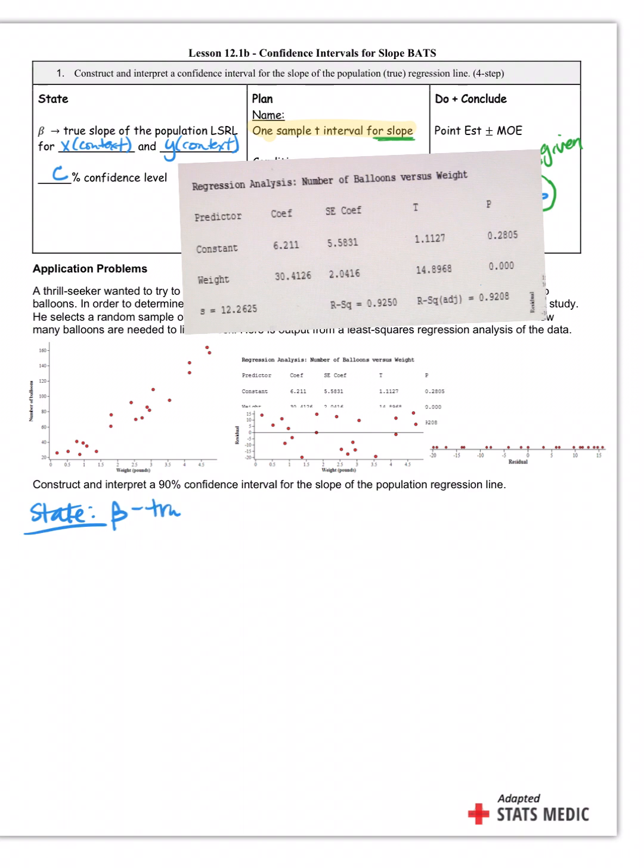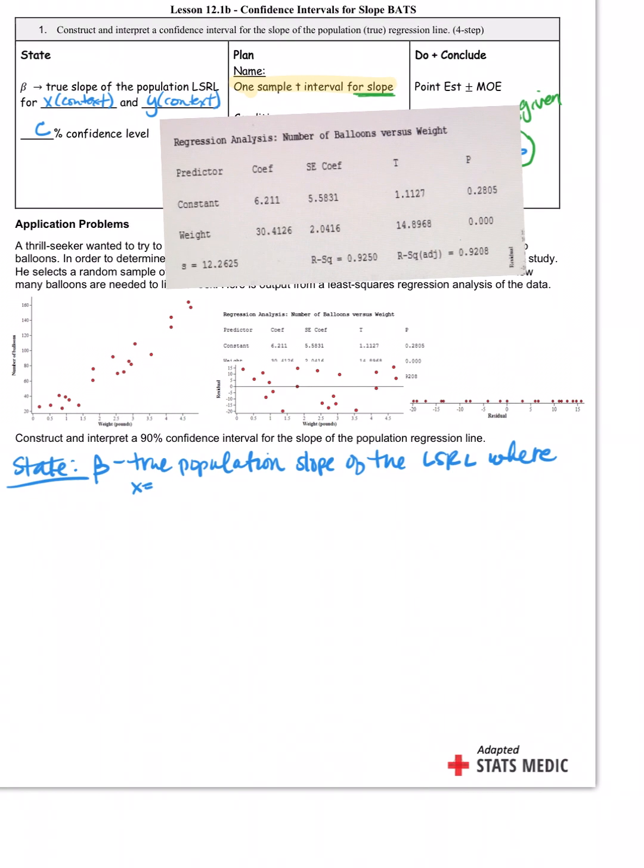So we call it the true population slope of the LSRL where, and then we put in our context, where x is equal to the weight in pounds, and y is equal to number of balloons. Okie doke. That's all we need in a state step when we do intervals.